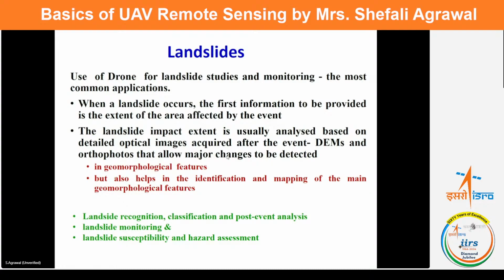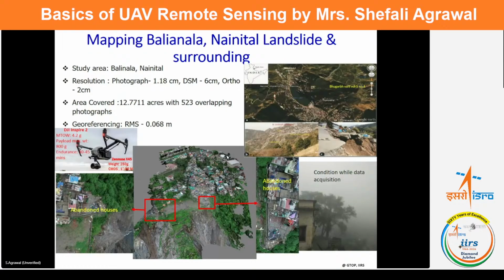And do a post-event analysis. So this is one small study we did for a landslide in a landslide-prone area in Nainital, which is the Balianala. So you can see the weather condition. How was it? It was a very foggy weather on that day, a lot of fog. But since drones can fly at a very low altitude, we could get a clear, cloud-free vision of the terrain, capture the terrain, and estimate this is a landslide.